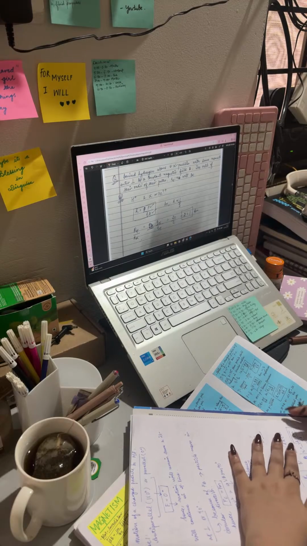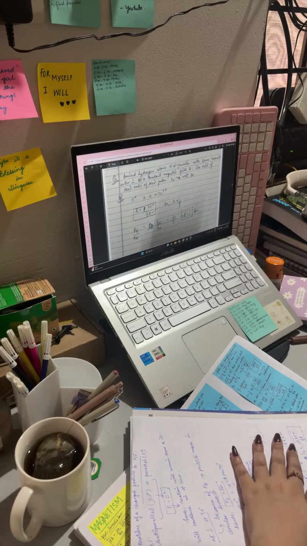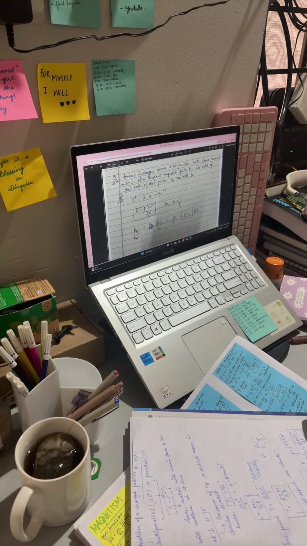Okay. So now we know radius is directly proportional to p upon qB. Both will have the same momentum, and the magnetic field is also mentioned to be the same.